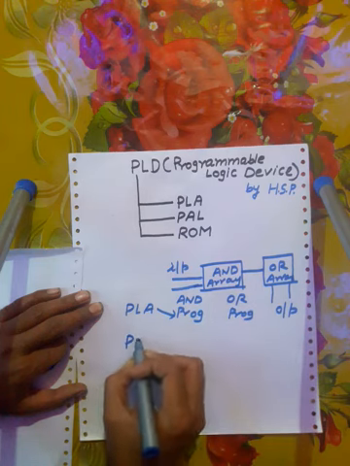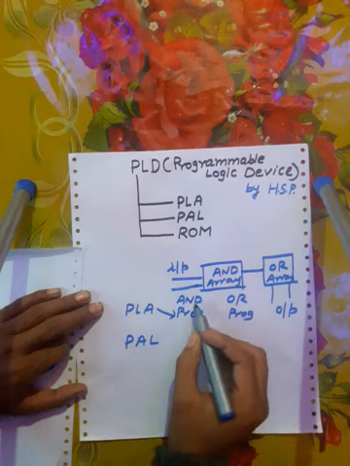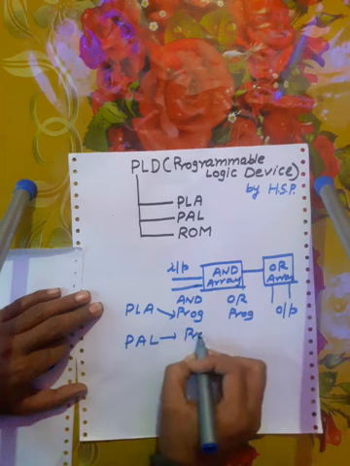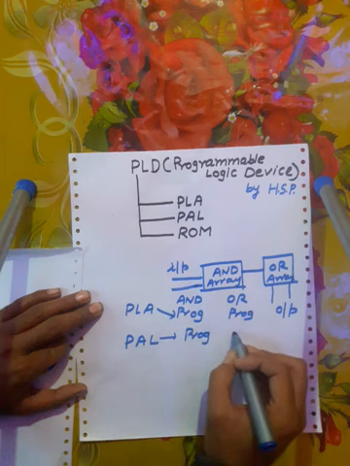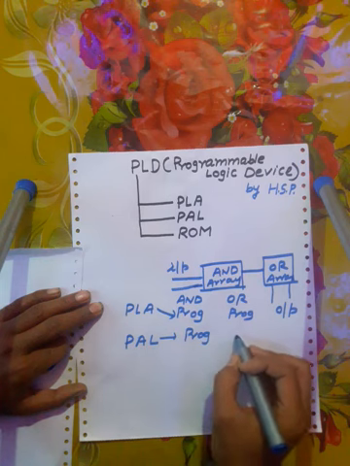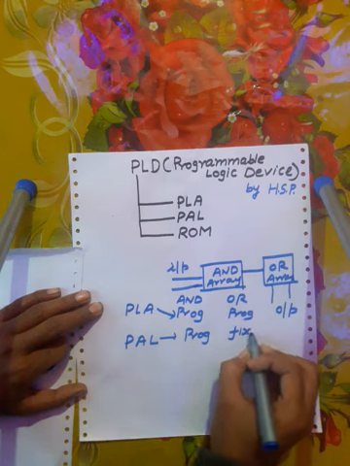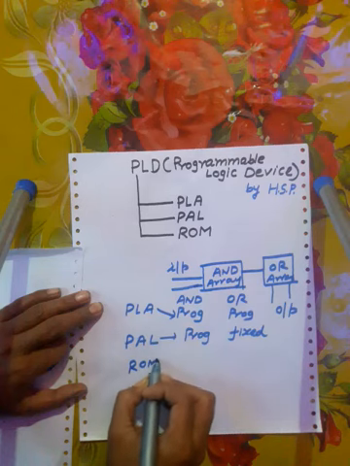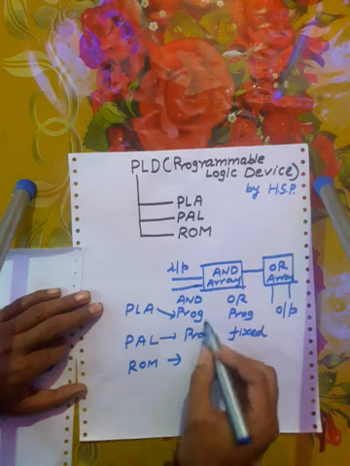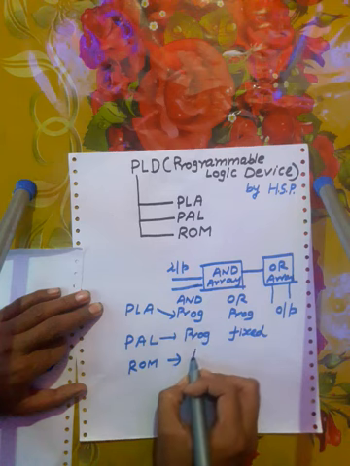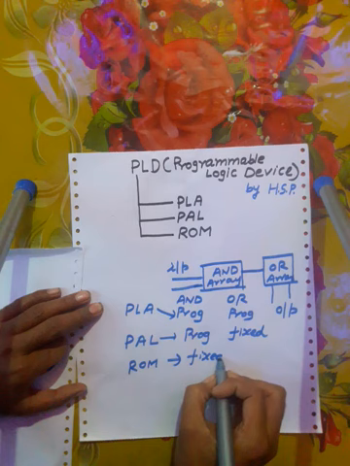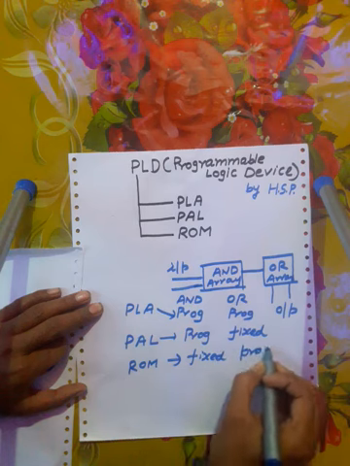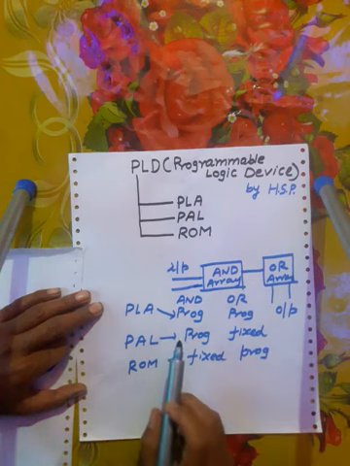In PAL, AND is programmable but OR is fixed, means it is not programmable. In ROM, read only memory, AND is fixed and OR is programmable. You have to remember this thing.